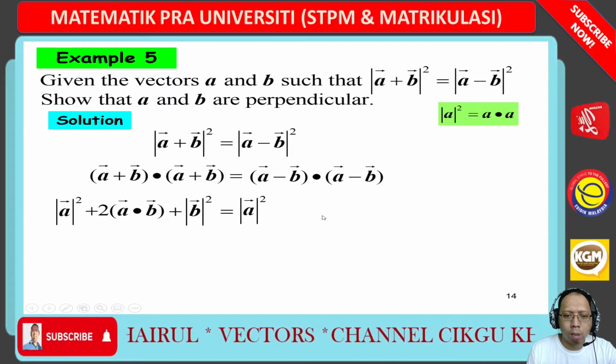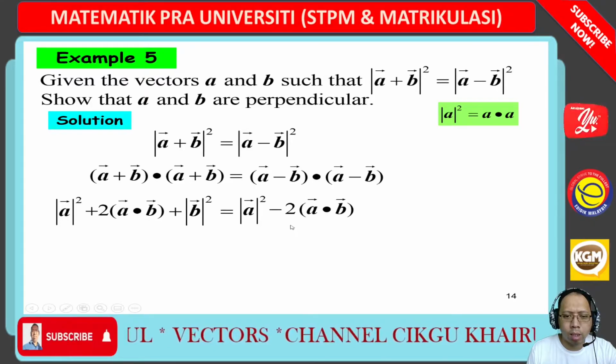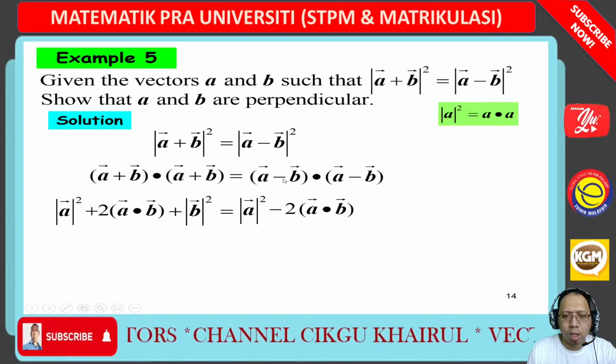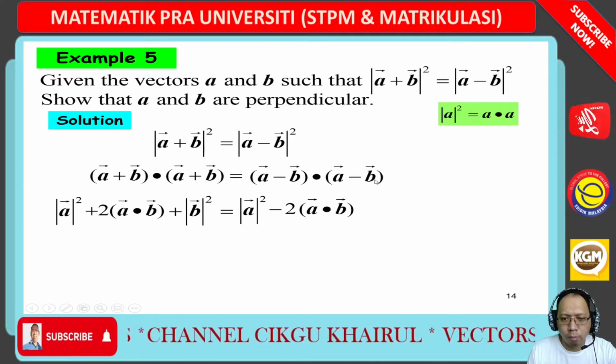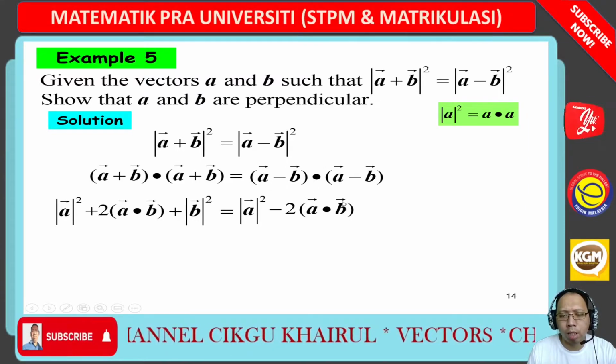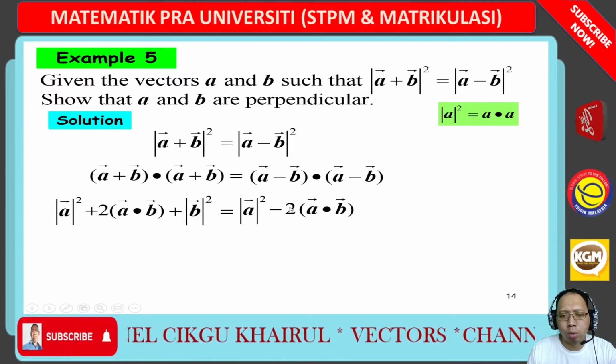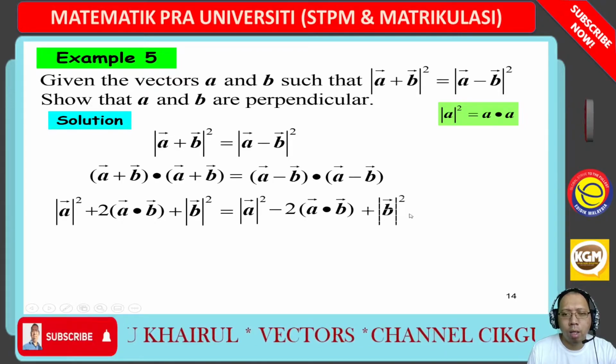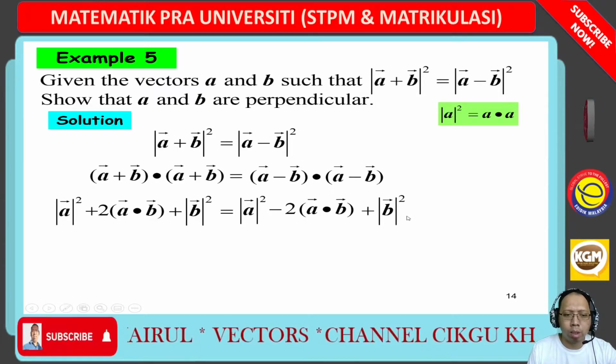We get magnitude A squared, but this time negative 2 because negative A times negative B plus negative B times A. Then we get 2A dot B, but this time the sign is negative, plus magnitude B squared.